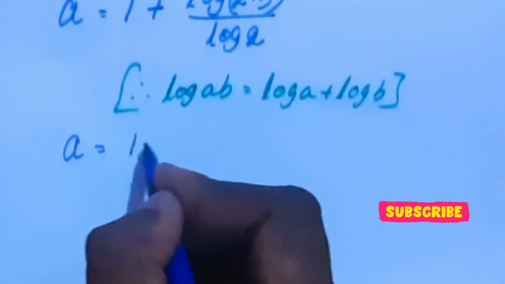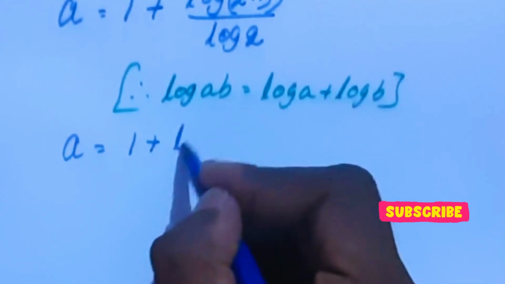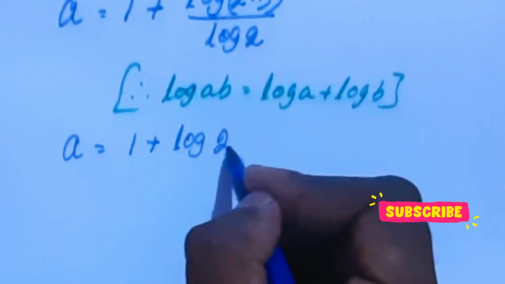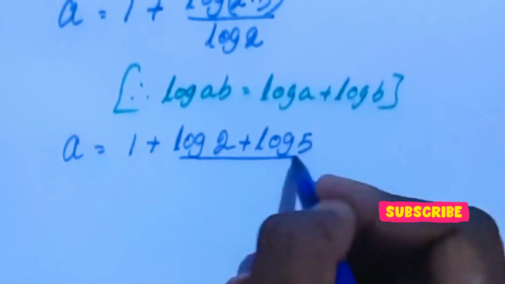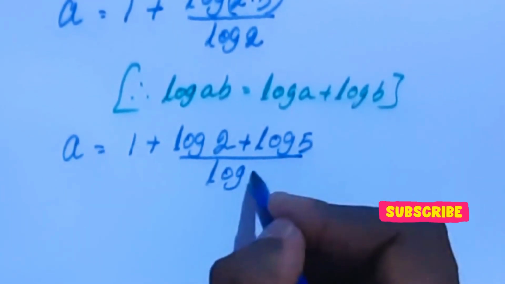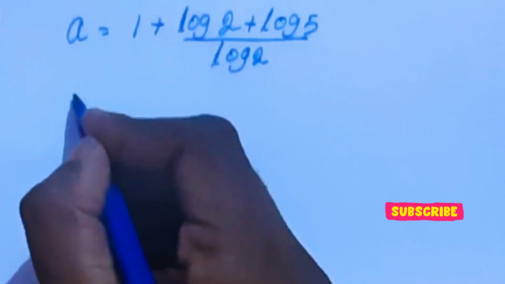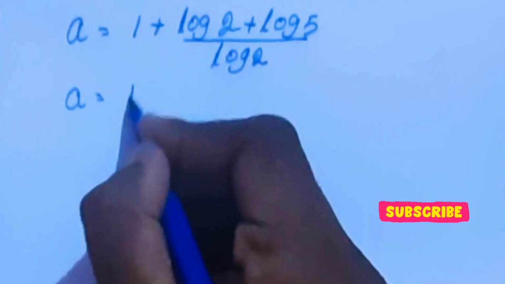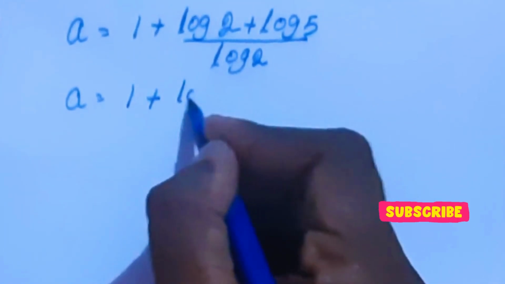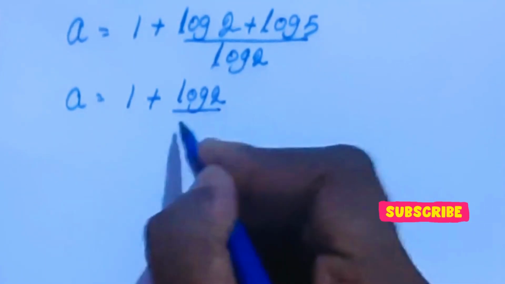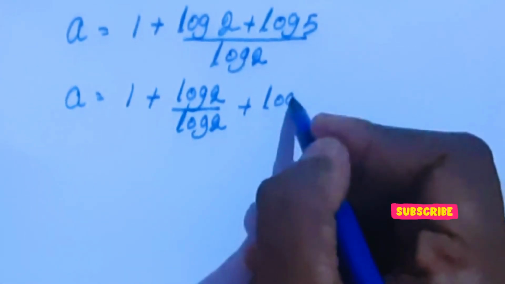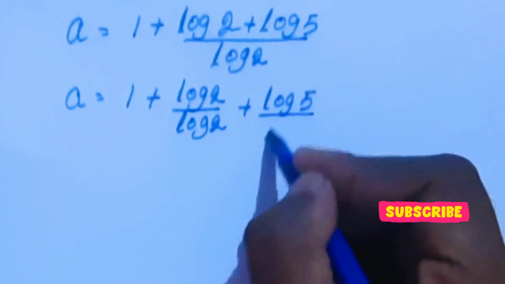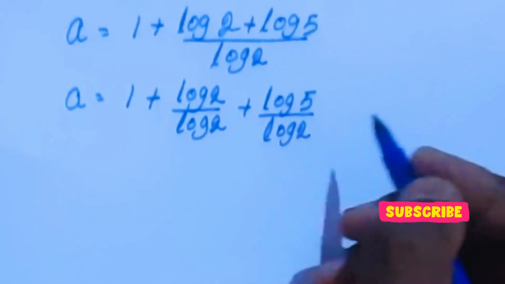A equal to 1 plus log 2 plus log 5 by log 2. Now this can be written as a equal to 1 plus log 2 by log 2 plus log 5 by log 2.